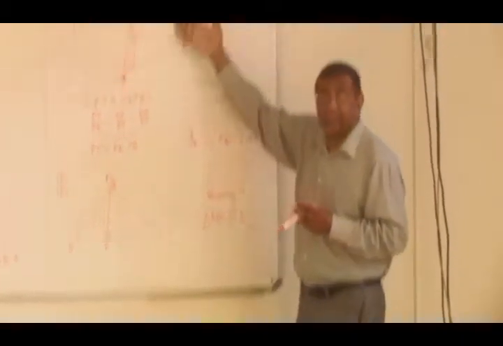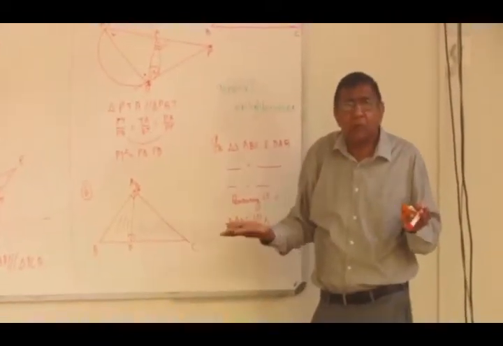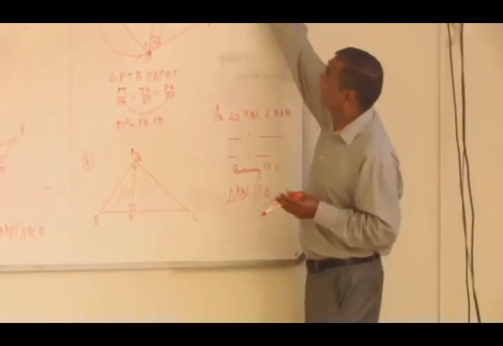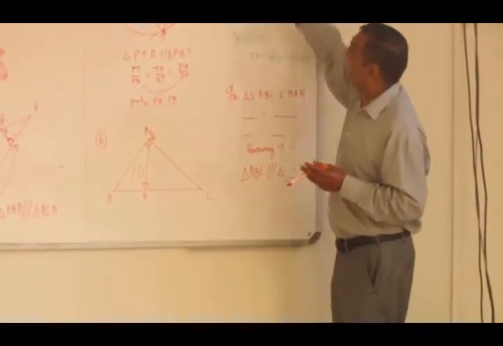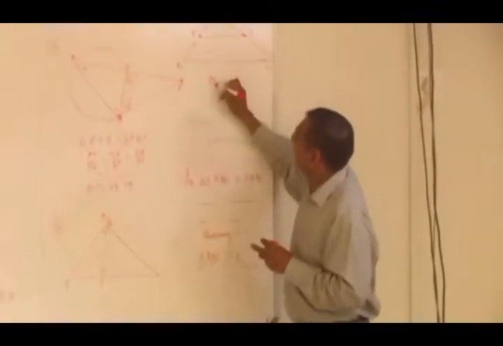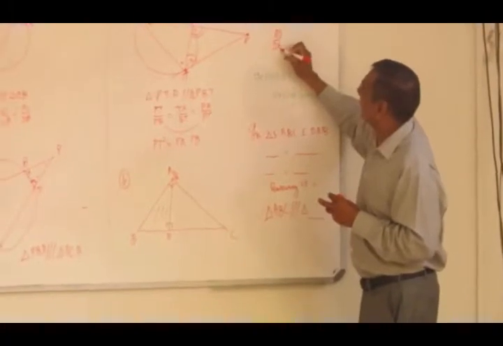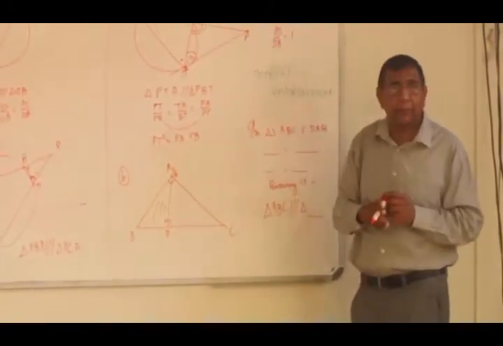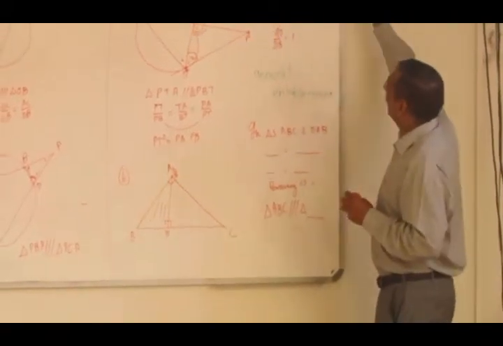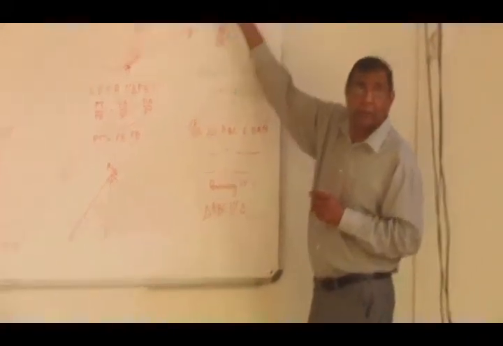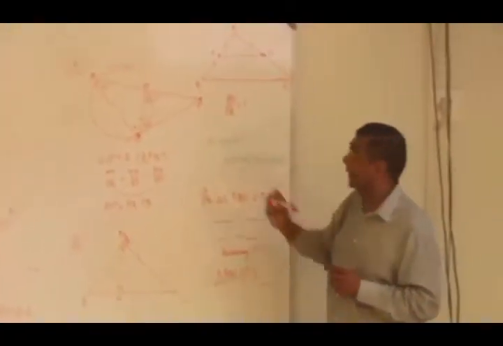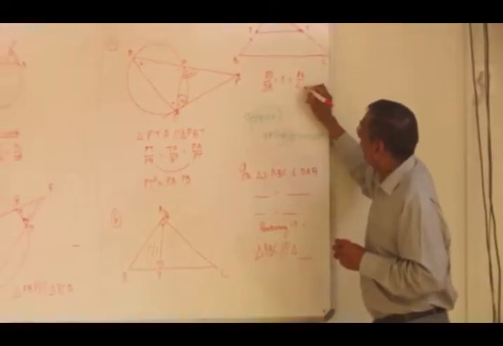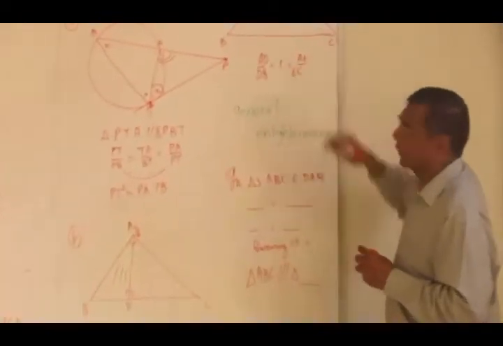If this was 5, then that's supposed to be 5. Why? Because you took the midpoint, so whatever that is, that must be the same. So AD over DB must be equal to 1, because AD is equal to DB. And similarly, AE over EC, although they are not equal in length, the ratio will still be 1, since those two are equal.